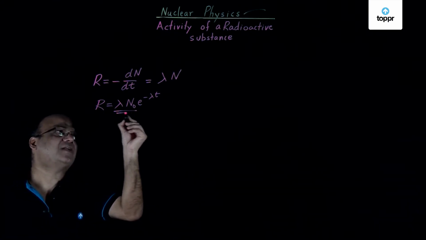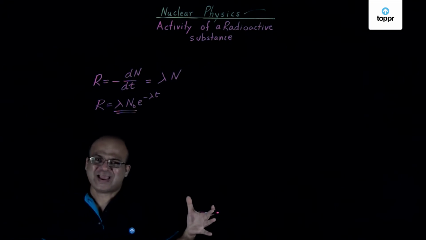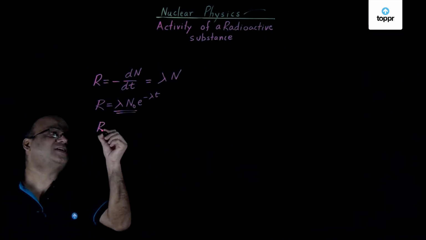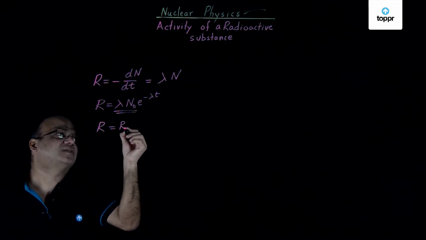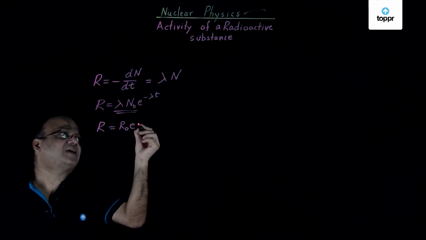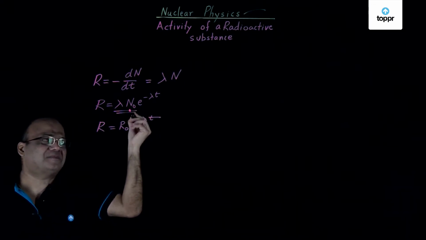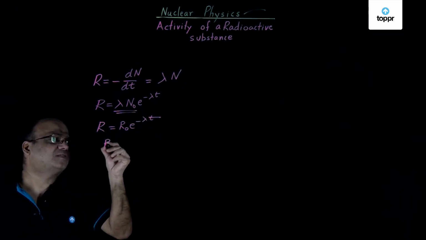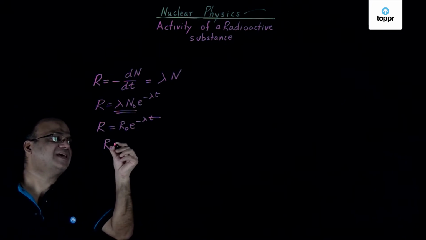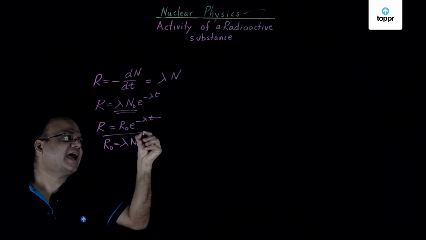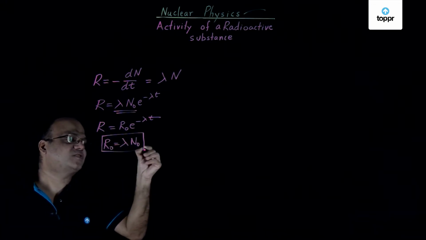This lambda N naught is the activity at time t equal to 0. That we call initial activity, R naught. Therefore, R becomes R naught e to the power minus lambda t. And this R naught is lambda N naught, that is called initial activity, activity at t equal to 0.